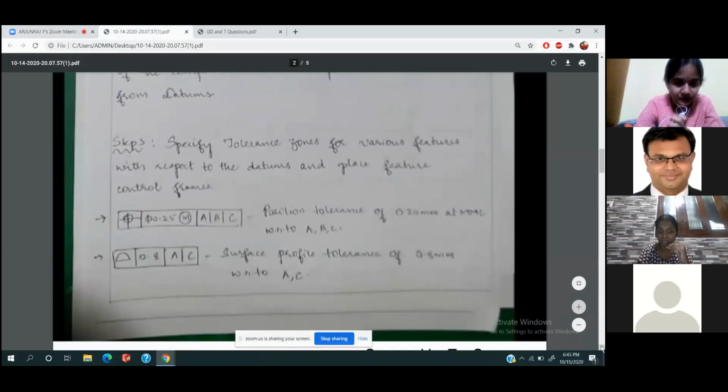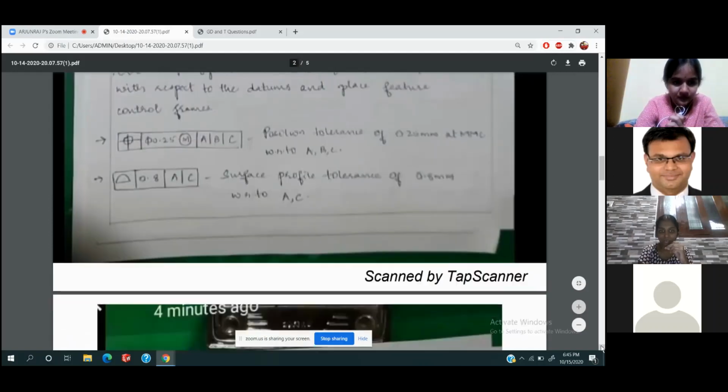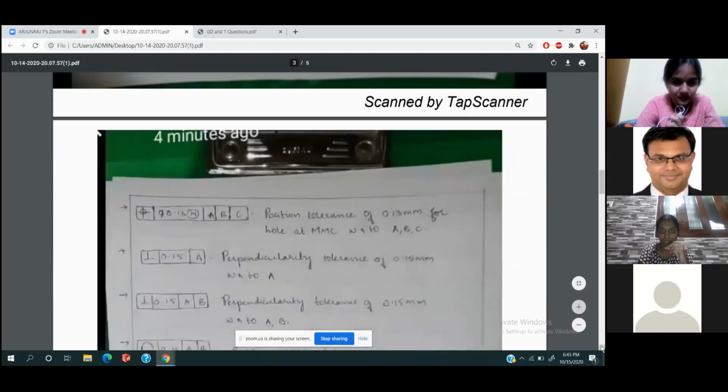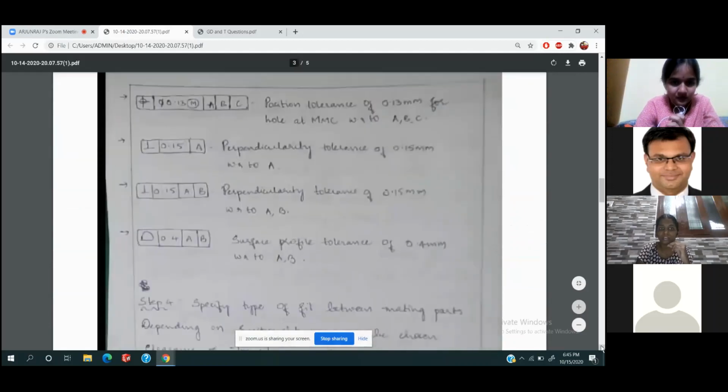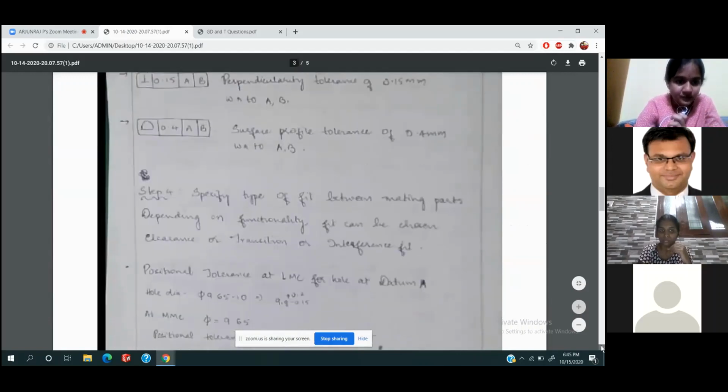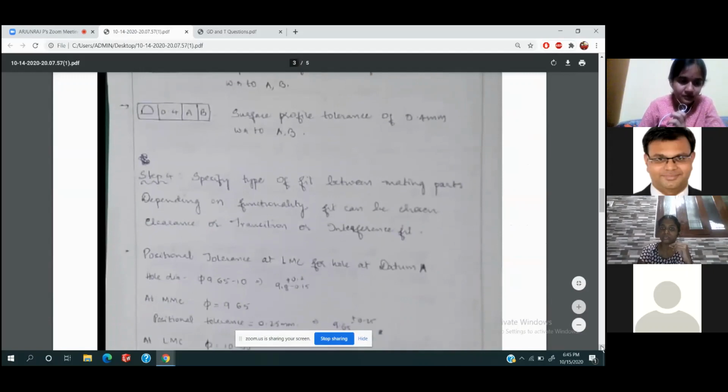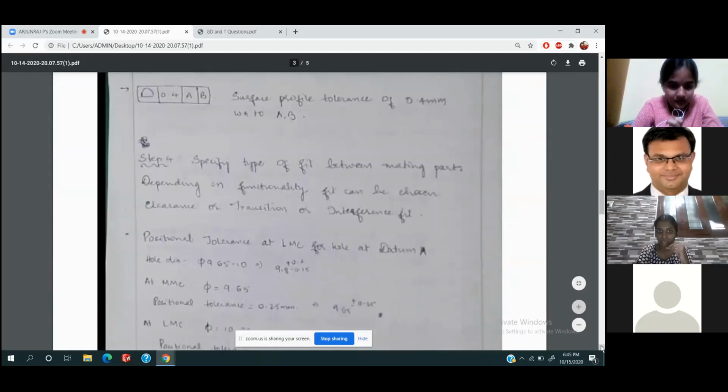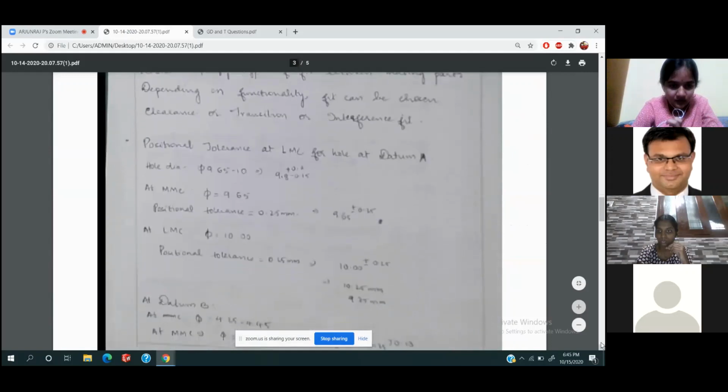They gave point A with respect to 0.8, A and C. Position tolerance, perpendicularity. And there is a question to find the position tolerance at LMC. You explain the step, then you can go with that answer.